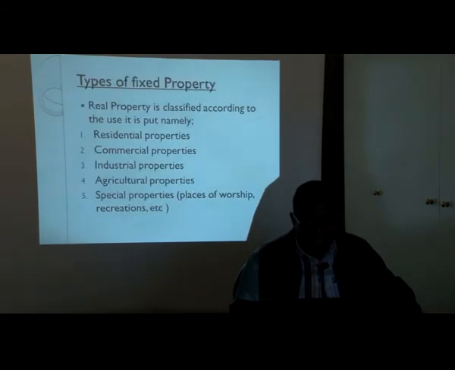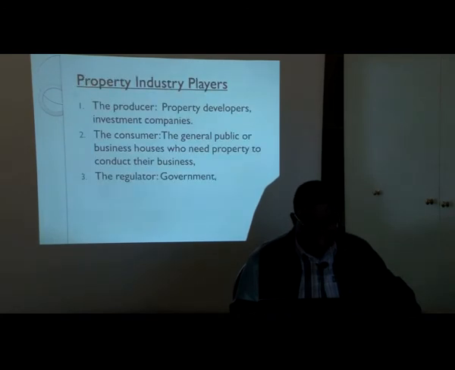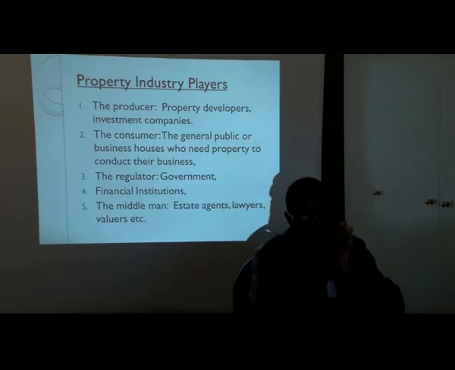That was what I think was expected of us to know. Industry players in the property industry, we reminded ourselves of who are the role players in the property industry. We said the role players in the property industry could be classified into 5 major categories.